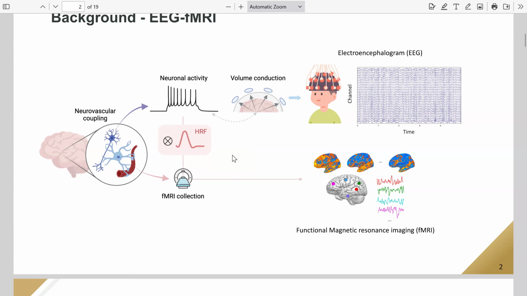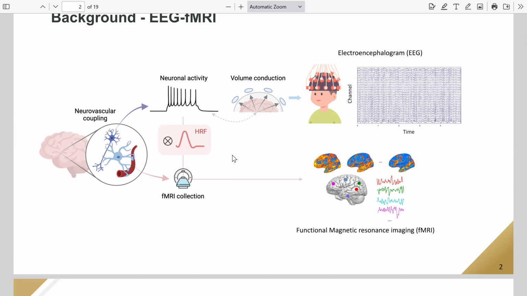I think we're all familiar intuitively with these two modalities. They're quite common in our work. Electroencephalography, or EEG, is a type of data where you place electrodes on the scalp and they measure electrical activity at the scalp level, right? So you're actually measuring these electric fields that come from populations of neurons firing within the brain.